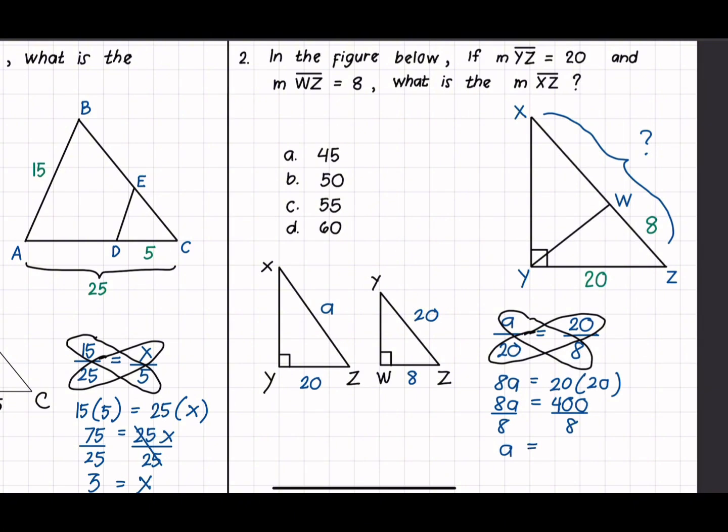So a is equal to 400 divided by 8, which is 50. Okay. Which means that XZ, or our a, measures 50, which is letter B. So the measure of XZ is 50.